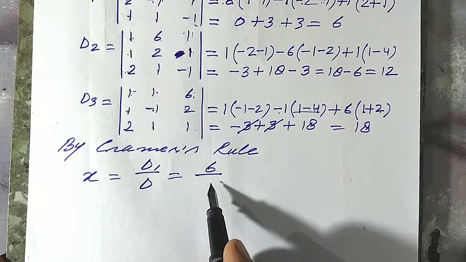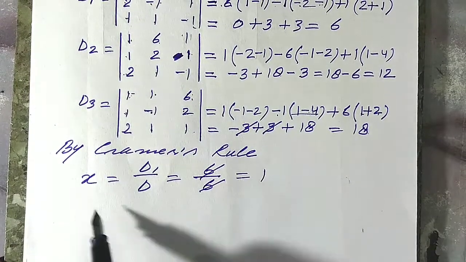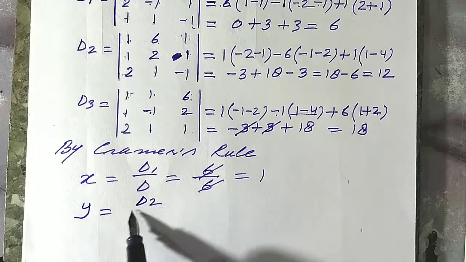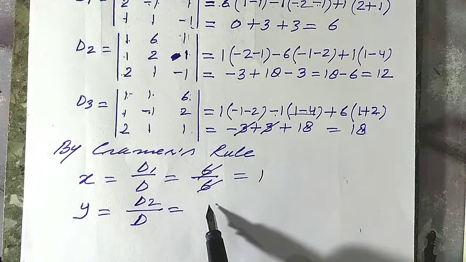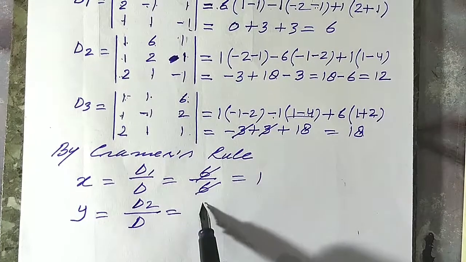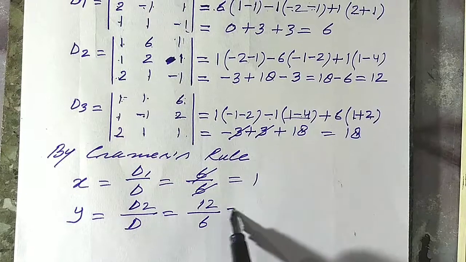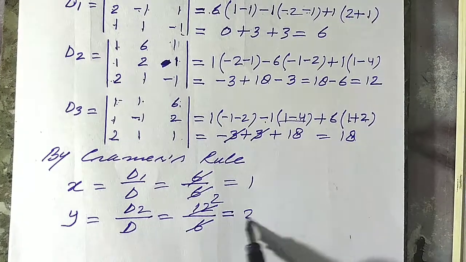D1 is 6 and D is also 6. 6 ones are 6, so we get 1. Y is equal to D2 upon D. Substituting the values we have, D2 is 12 upon D is 6. So we have 12 upon 6, that is 6 2s are 12.